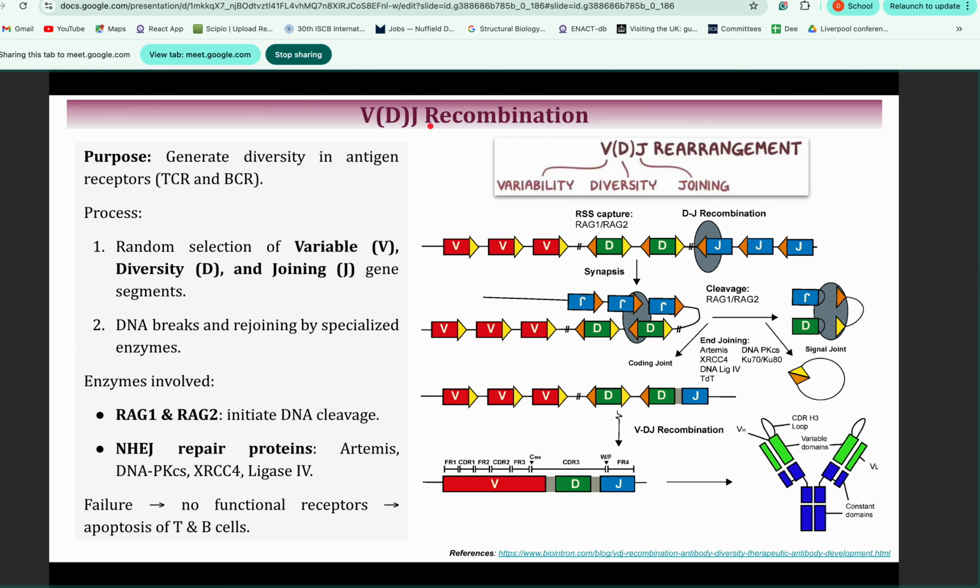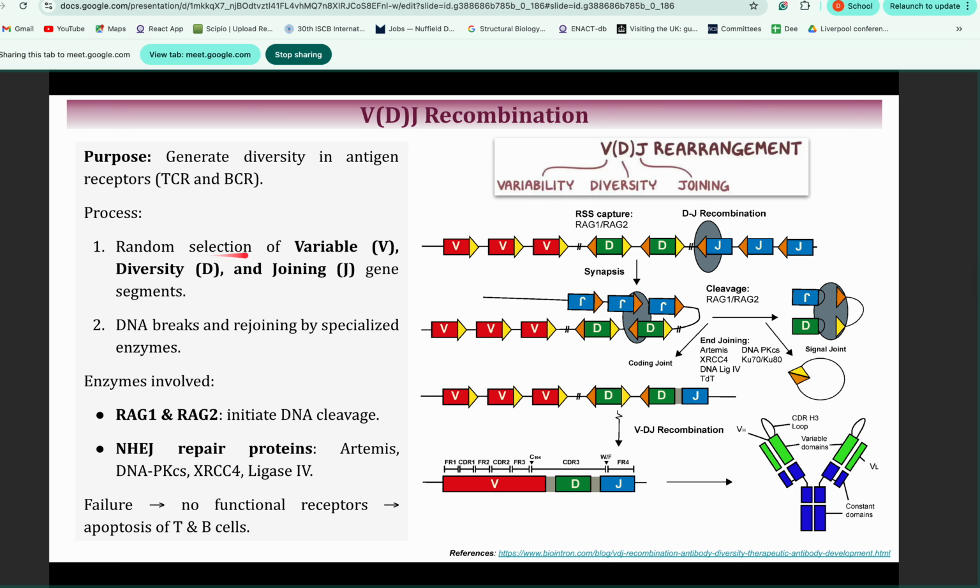Now the second reason which leads to SCID is VDJ recombination. If there is a defect in this VDJ recombination... VDJ stands for variability, diversity, joining, which gives rise to variable isoforms of these antibodies. So it generates diversity in antigen receptors, which are TCRs and BCRs, present on the surface of cells.